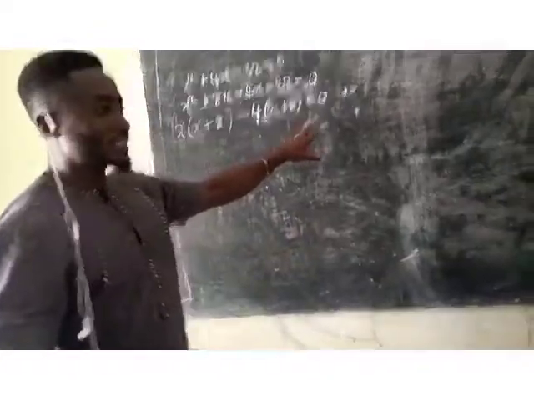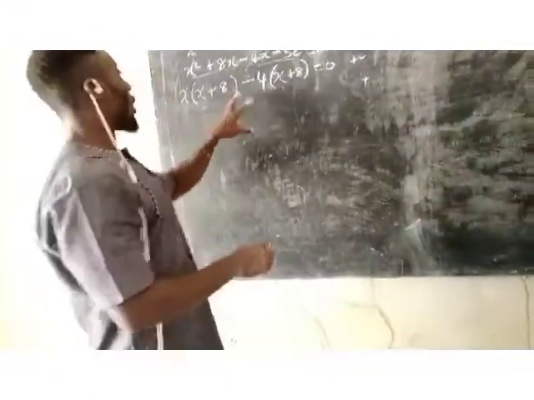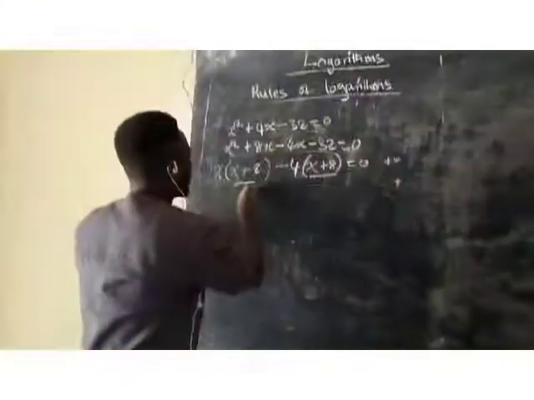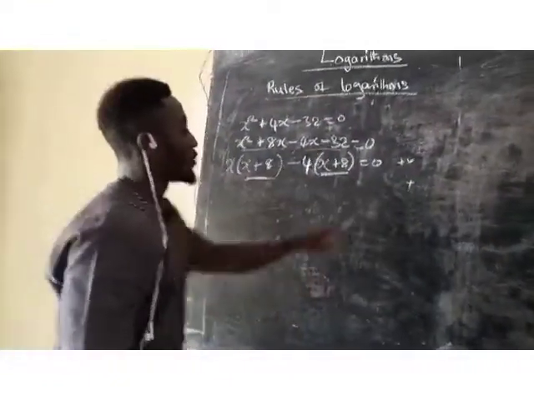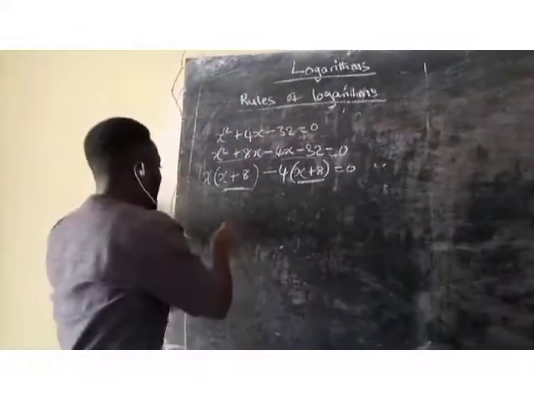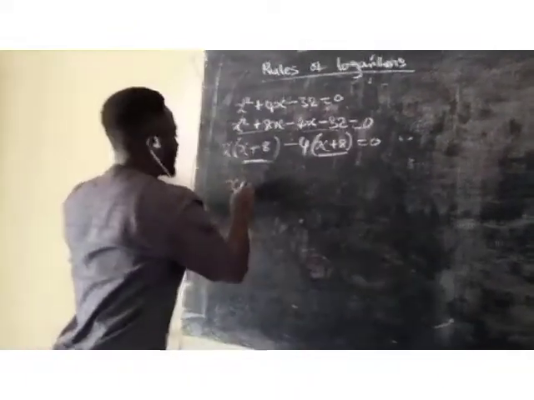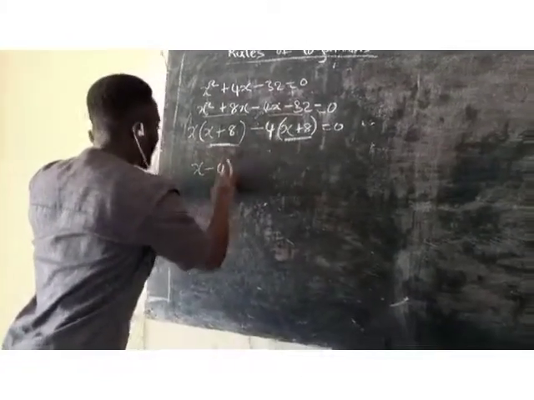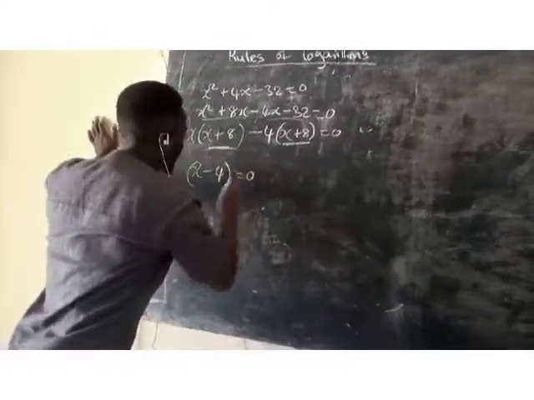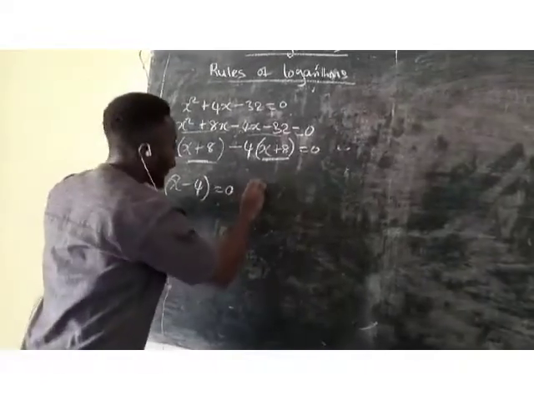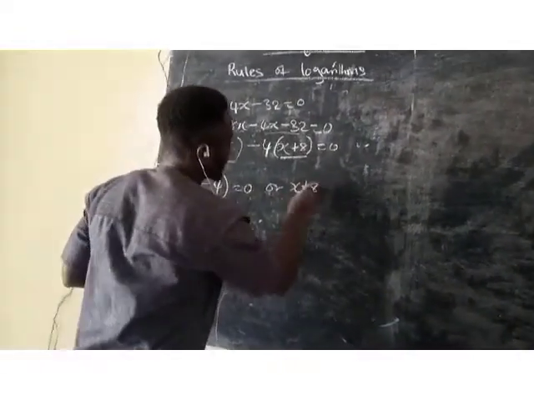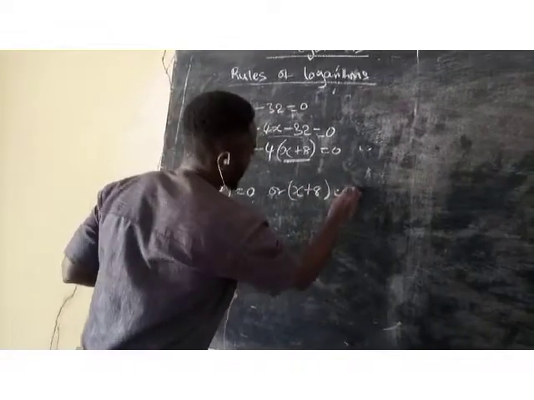When you are using the quadratic equation and it comes to this form, always make sure that the values in brackets are always the same. So when we have something like this, it's the same thing as x minus 4 is equal to 0, or x plus 8 is equal to 0.